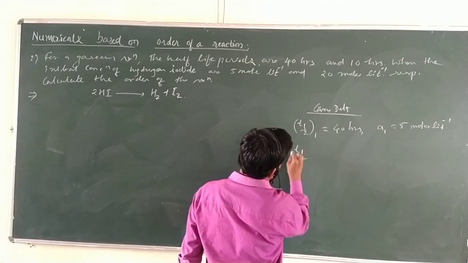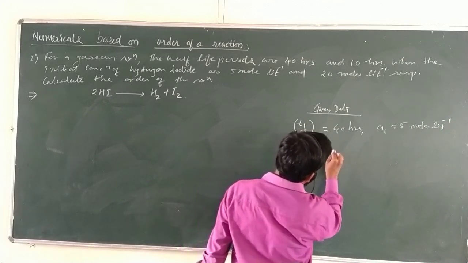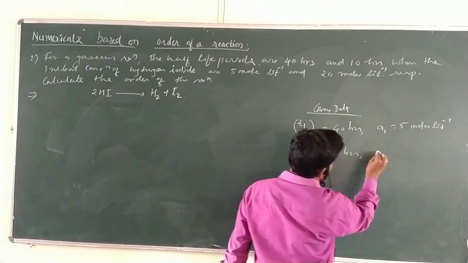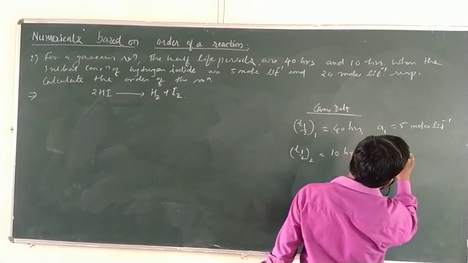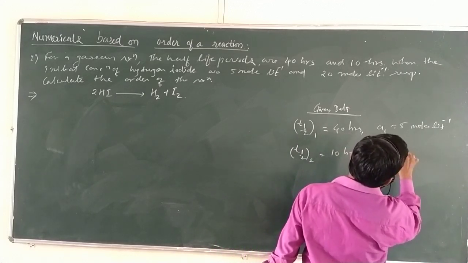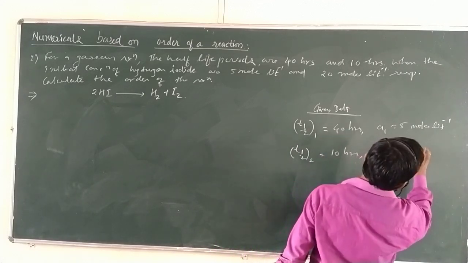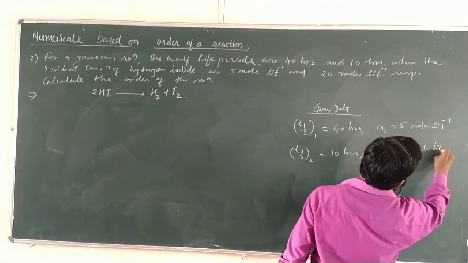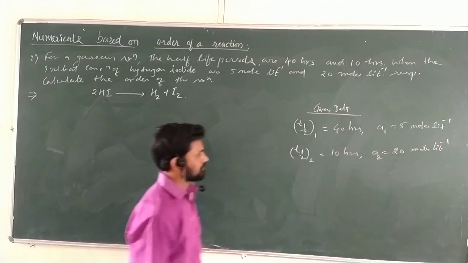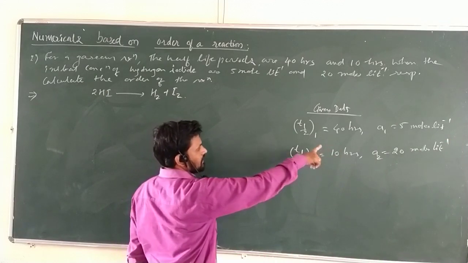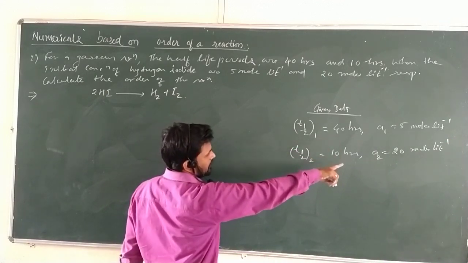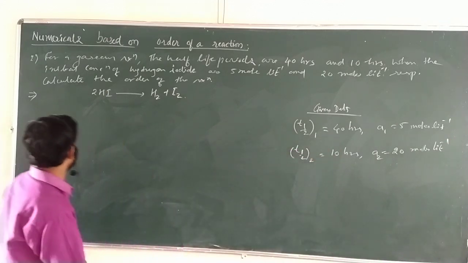T half of second equal to how much? 10 hours, when A2 equal to 20 moles per liter. So when 5 moles is there, time is 40 hours. When 20 moles is there, time is 10 hours.